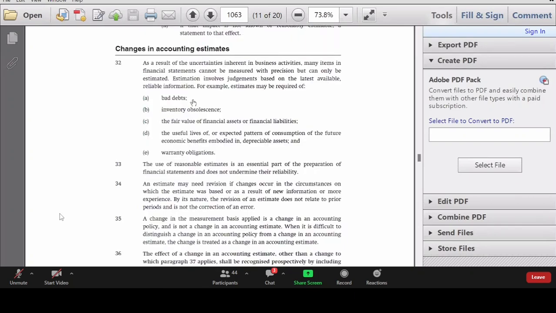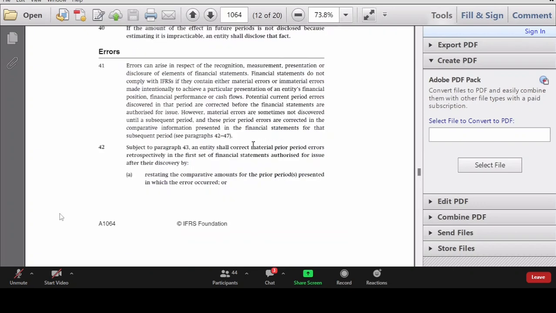So you've noted the errors are also there. We said these ones are also corrected. Period errors, subject to paragraph 43. So we need to read this. This is one of the smallest texts, and for us to read the original text as auditors.